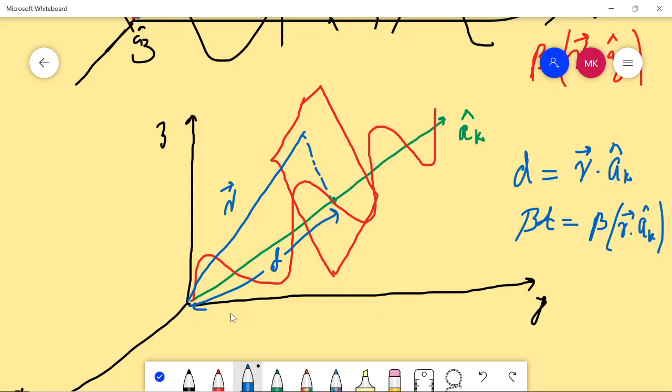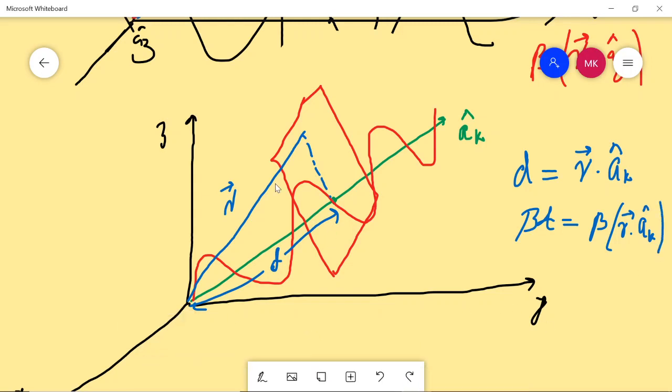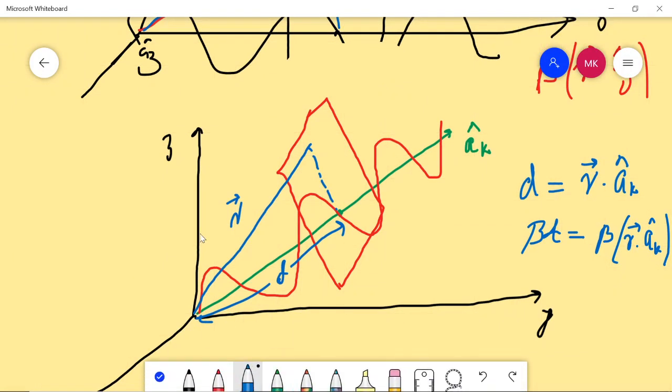Okay, so this is how you find the total phase. So this will be the same phase. If you want to find the phase change from here to here, this distance will be the same as D, and the total phase has changed by this much amount.